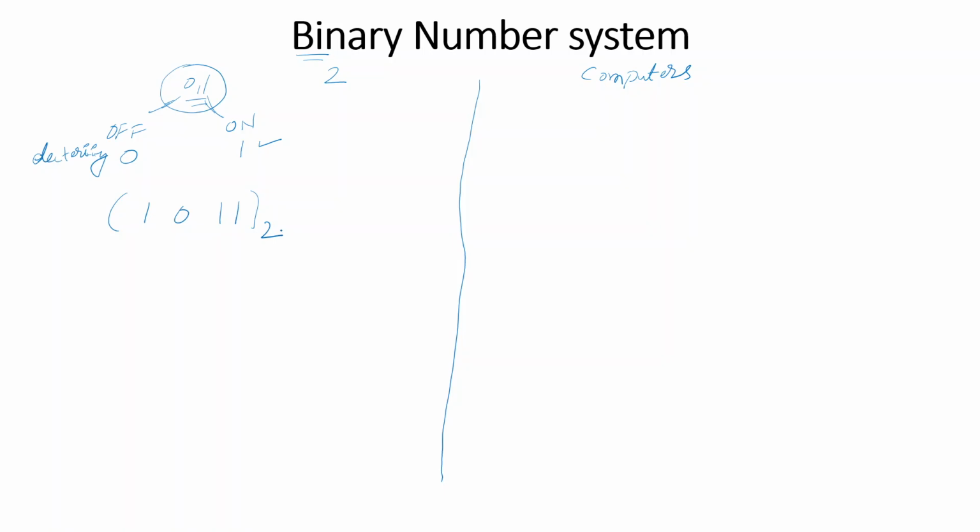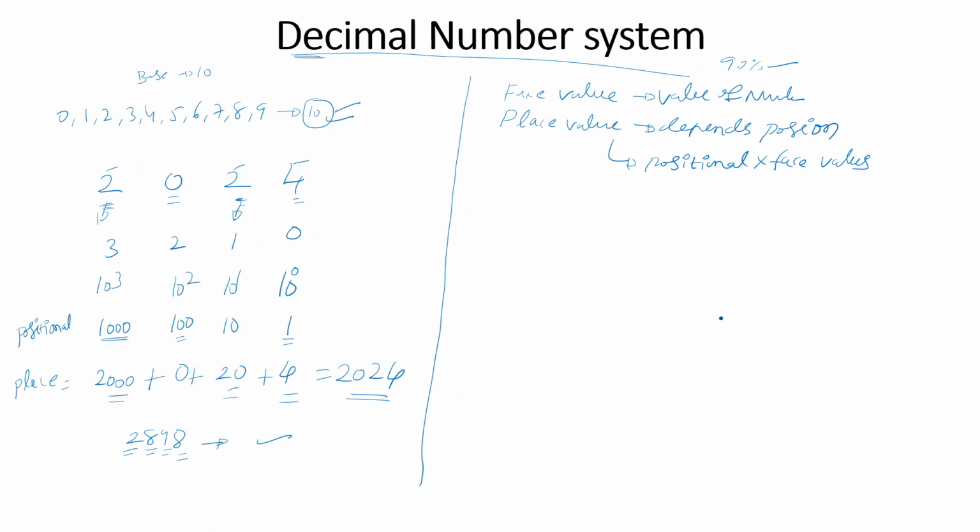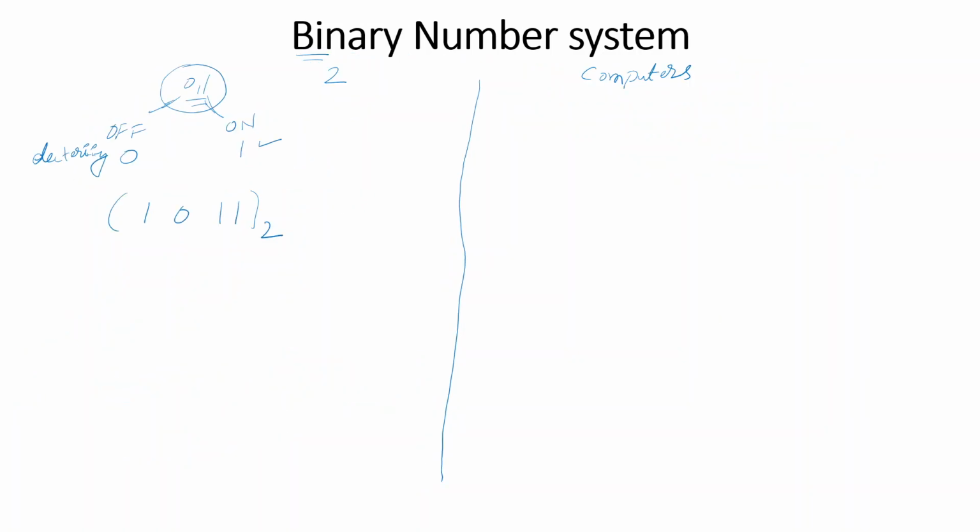So simply, the base is 2. Similarly, I can write 2024 with a subscript 10. Usually we do not write the 10, because we know we are all using the decimal number system, but here we are discussing four number systems, so we indicate the base after the brackets. So 1011 is the binary number.